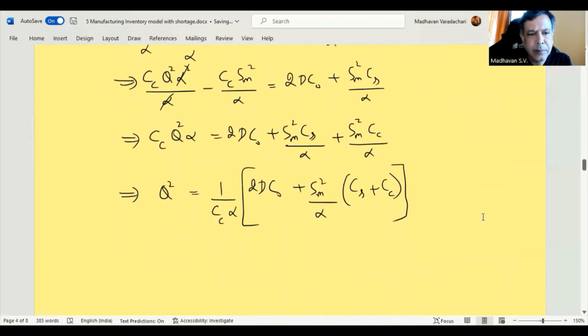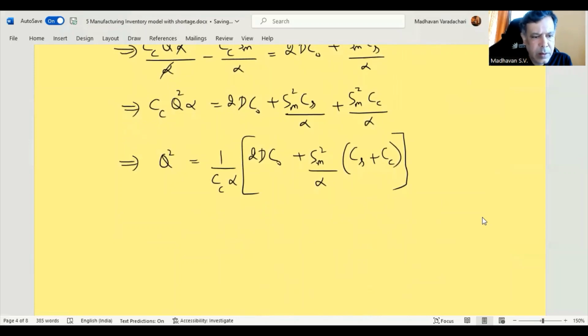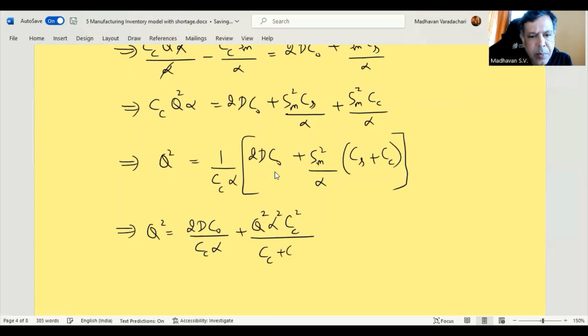So Q square will be now, let us individually multiply 2dCO by Cc alpha plus Sm square. Just now we saw it is Q square alpha square Cc square divided by Cc plus Cs the whole square.